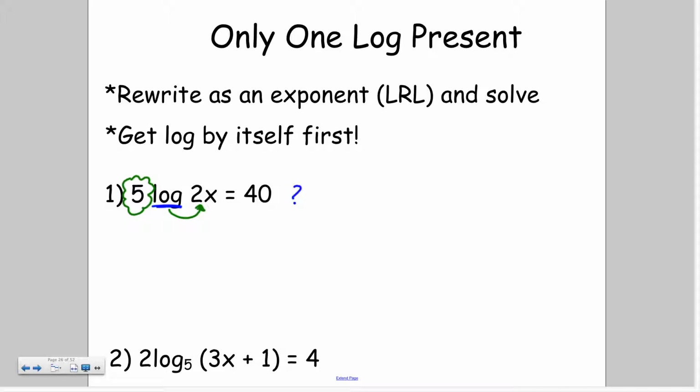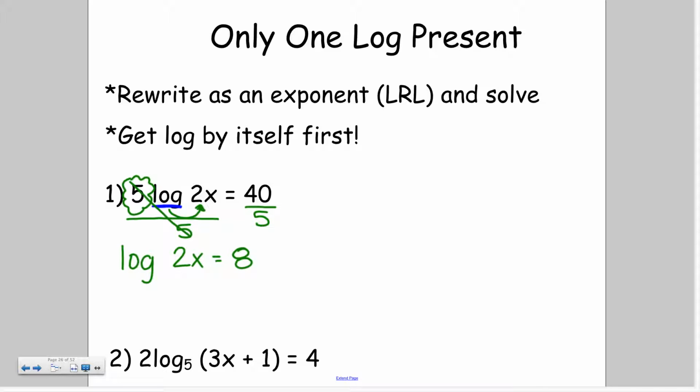So we have to do the opposite to get rid of it. So in order to get rid of the 5, we're going to divide by 5 first. All right. So 5 divided by 5 is going to cancel. That's going to leave us with a log 2x. 40 divided by 5 is 8.